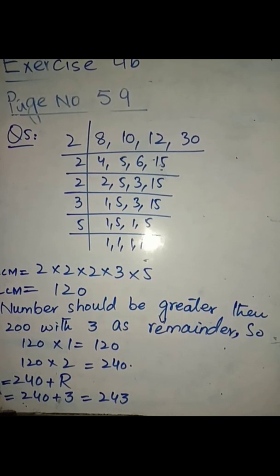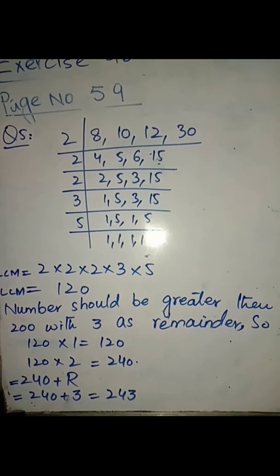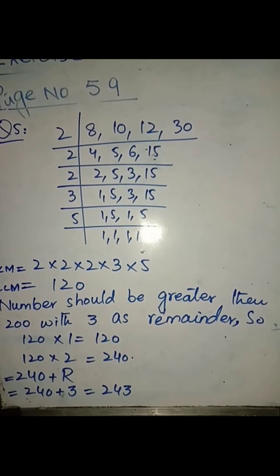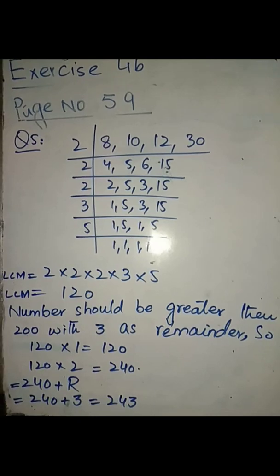So by adding 3 as remainder, we got 243, the number between 200 and 500 which leaves a remainder of 3 in each case when divided by 8, 12 and 30.